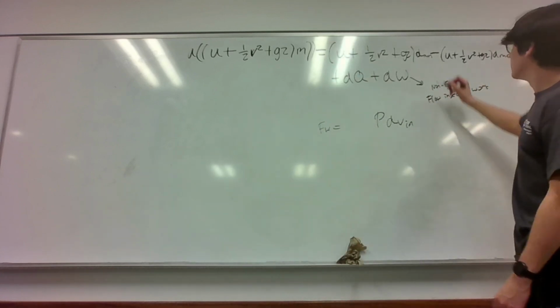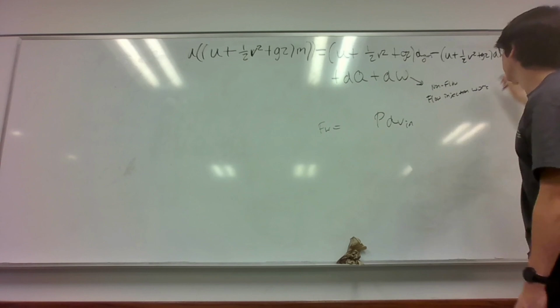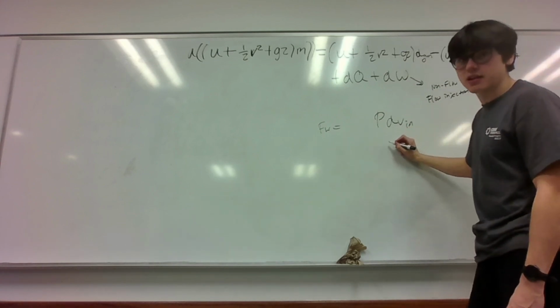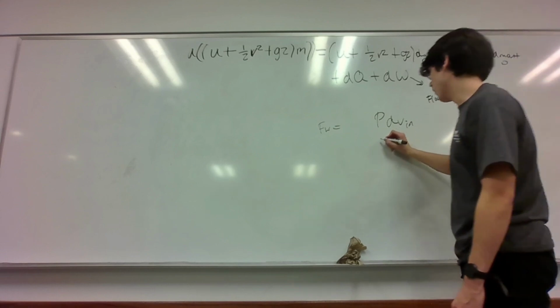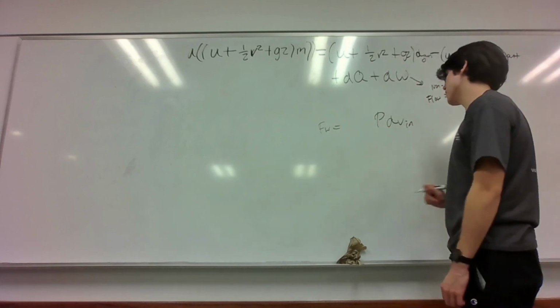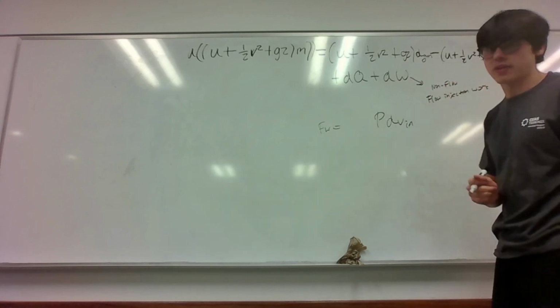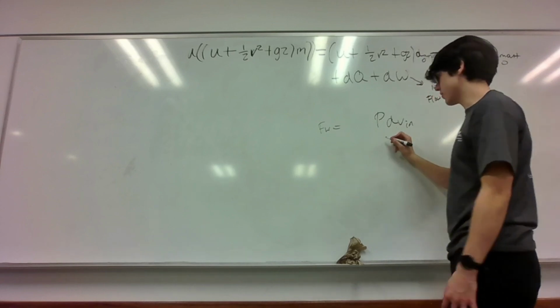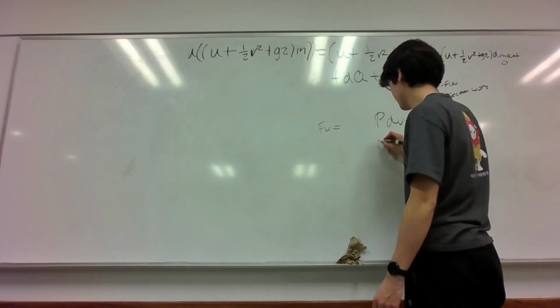But since we have differential mass here and here, we want to somehow express this as the differential mass that flows in. So we could use the relationship between density, mass and volume to simplify this in terms of the differential amount of mass coming into the system.